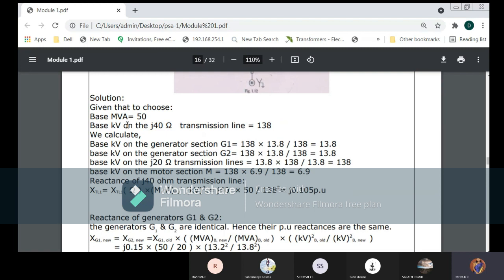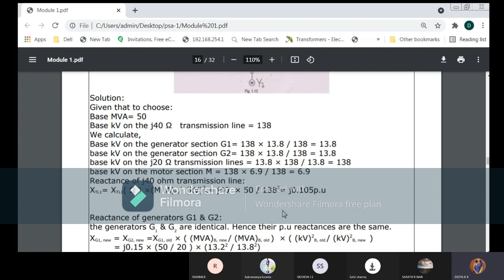In this case they are given directly, or else you have to calculate it. XT1, what is the value given for the transmission line? 40. So 40 into the new base value, 50, into the KVB value, 138 whole square. So you're going to get an answer of 0.105 per unit.